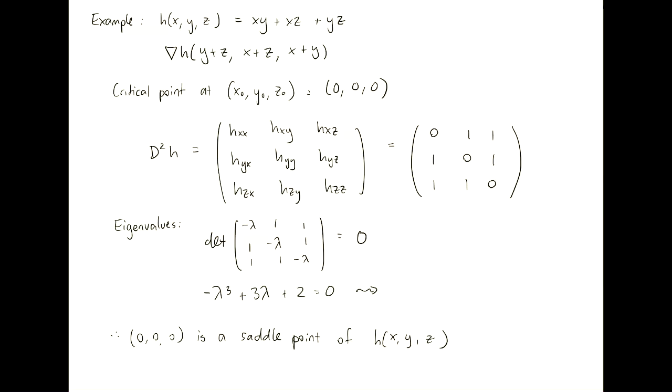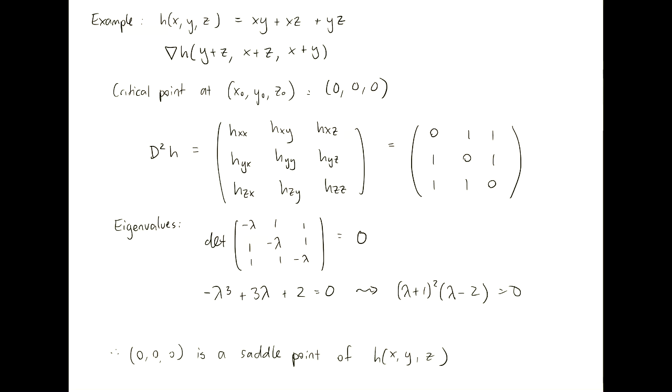Or, because we're all very good at factorizing, lambda plus 1 squared, lambda minus 2 is equal to 0. So our eigenvalues are lambda equals minus 1, plus 1, and plus 2. Negative, positive, positive. My eigenvalues have different signs. This is neither positive definite nor negative definite, so there is a saddle point. You couldn't do this using the test from the previous page.